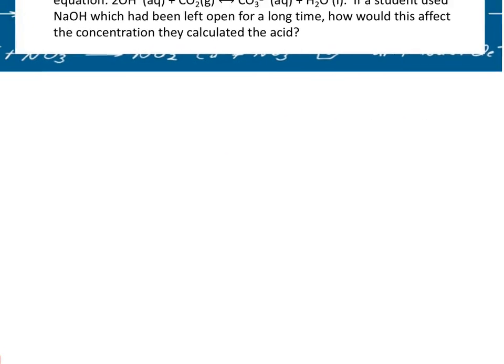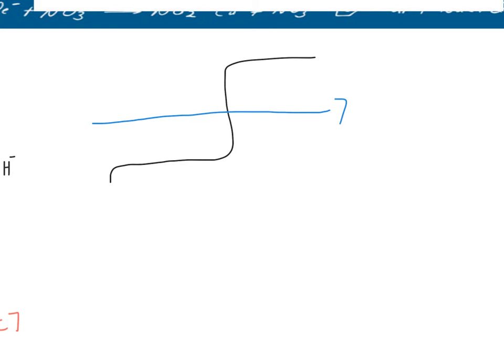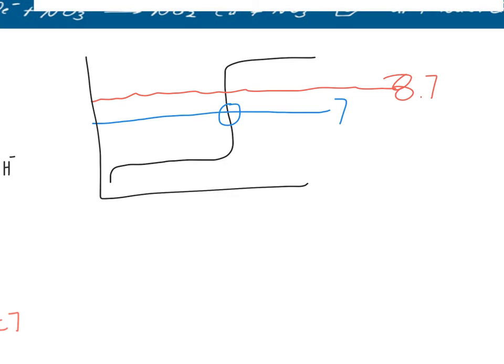In our notes, we had some discussion about how this is going to be our strong acid with a perfect equivalence point of 7, and we're turning pink somewhere here above 8.7. And so the true equivalence point would happen at this volume.